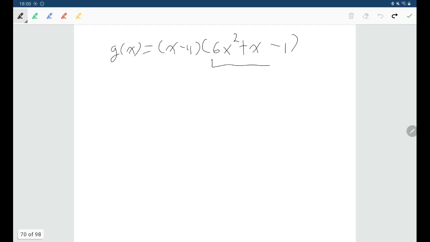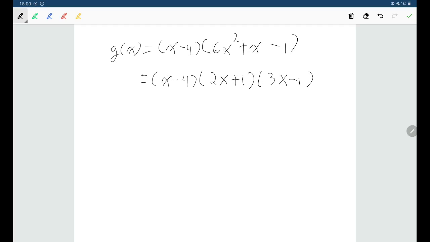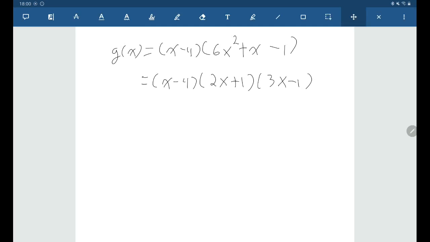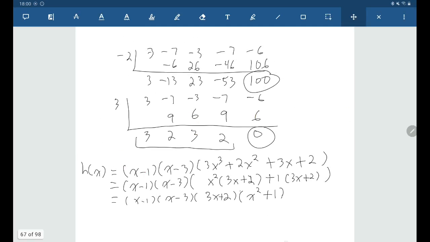So if you were to factor this quadratic the same way that we've factored so many others, I'm going to just skip over this step. I'll leave that for you to do as an exercise. But you can confirm that this does factor as 2x plus 1 times 3x minus 1.